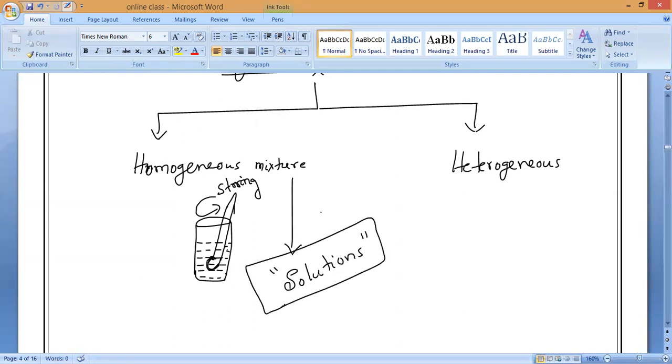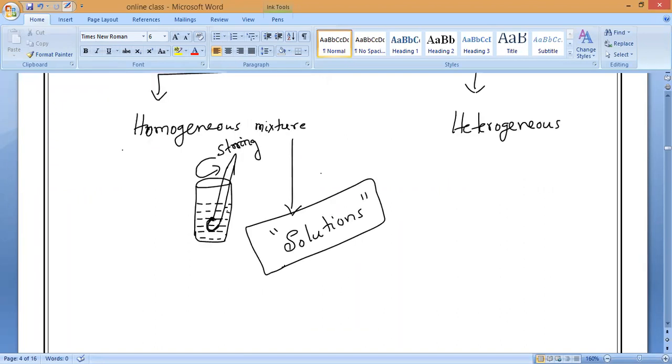Don't think that solutions means only solid in liquid. Solid in solid, and gas also, and liquid in gas also, are called homogeneous mixtures, which are called solutions. Now, shall we write the definition from this experiment, homogeneous mixture? Everybody, do you understand what is meant by homogeneous mixture?